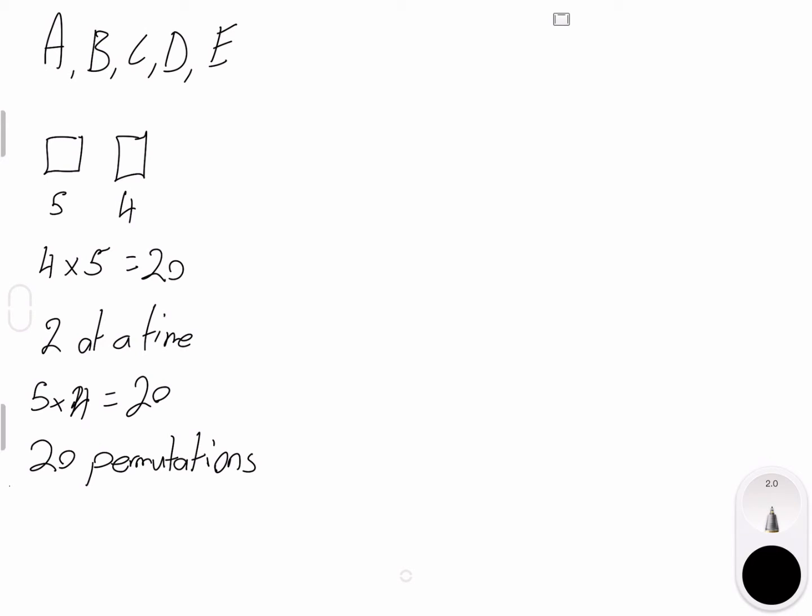Alright, what if we take this now and look at 4 at a time? So we've got 1, 2, 3, 4. How many can go in the first one? Well, again, 5. Second one, 4. Third, there's going to be 3. And the final one is going to be 2. So think about it. We'll just pick them in order.